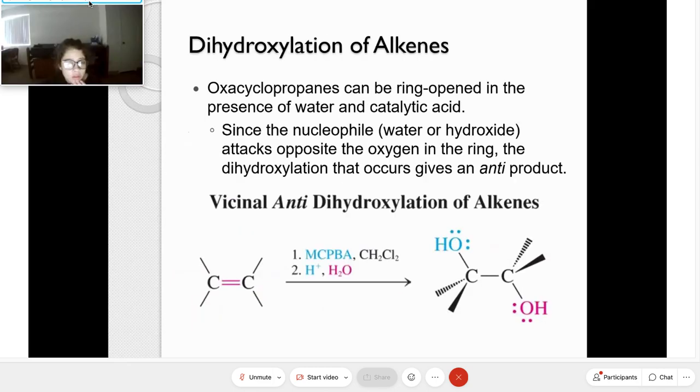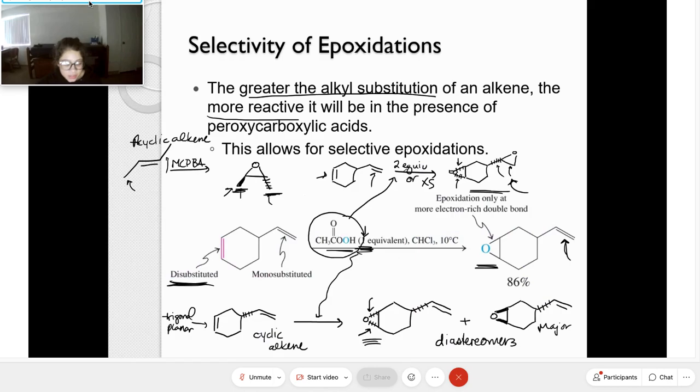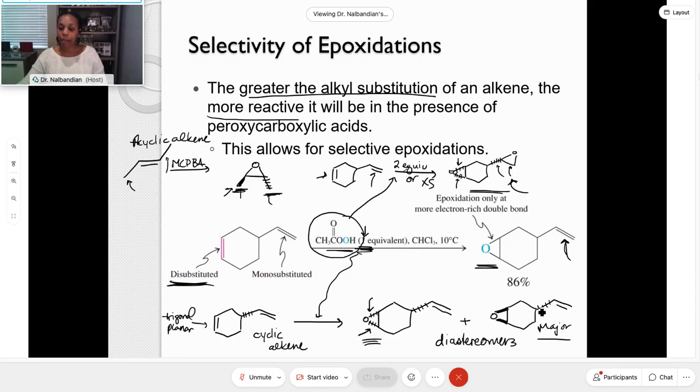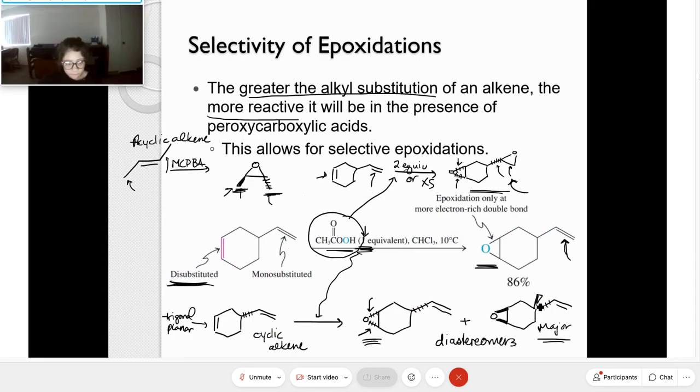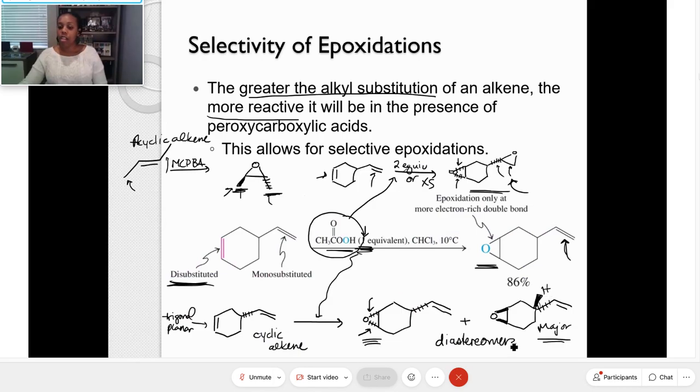All right, so, go ahead. Quick question. So, why did you say that the one on the wedge was major? Down here. This is major because, remember, on this carbon we also have something else there. We're just not showing it, but we know there's a hydrogen there. So what's better? Remember how big this is?